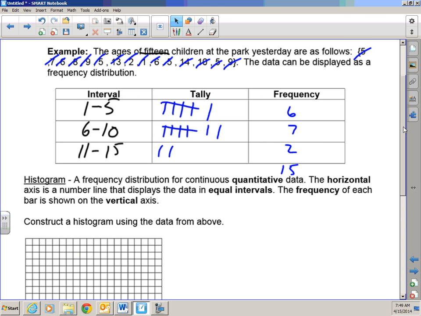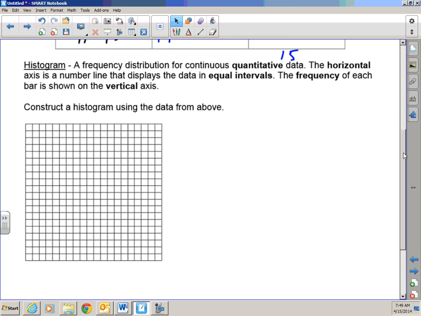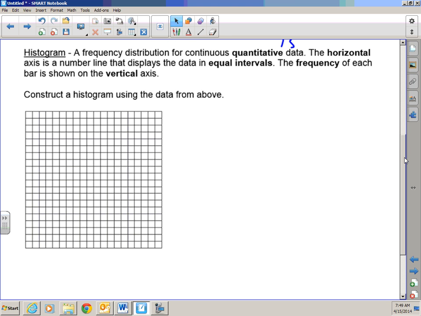All right, now, to prepare your histogram, a couple of things. You need to title everything. So the title of this is children at a park. My x-axis is whatever the data is. In this case, it's ages.